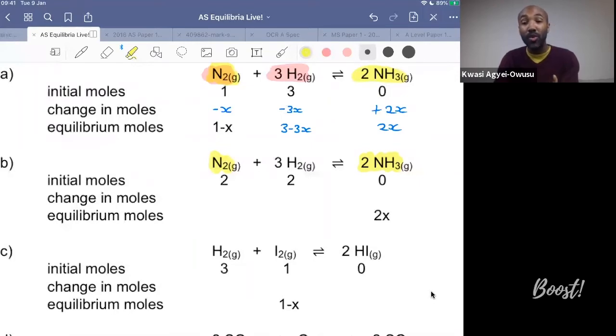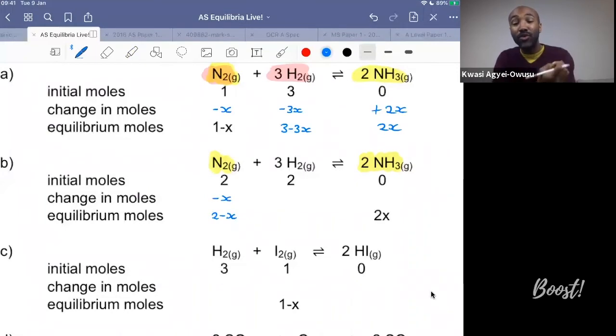If we're making 2x moles of ammonia, we would have had to use up x moles of nitrogen. Okay, so in terms of the change in moles of nitrogen, minus x, or using up x moles of nitrogen.